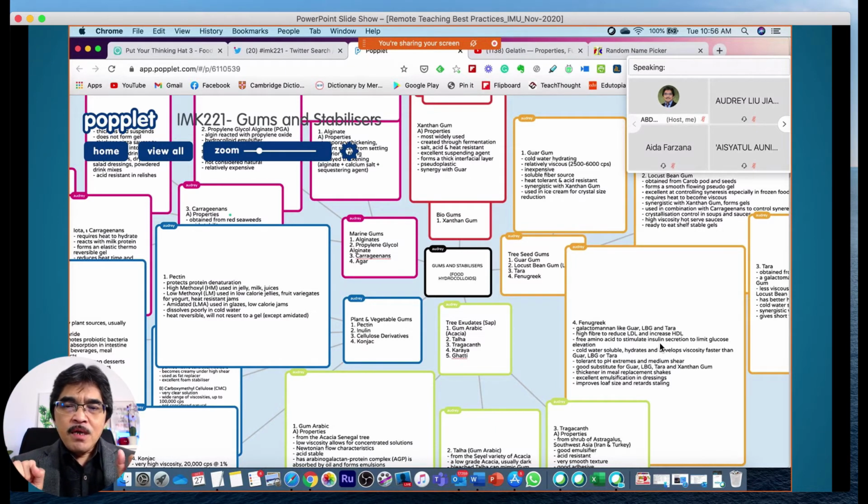Here, most importantly, I want to connect the dots for the students, because learning is about connecting the dots. Once we have connected the dots, they can see the big picture, which is the learning outcome, and they are able to make sense of what they have learned and see how things are related or interrelated to each other. So we don't want any gap.